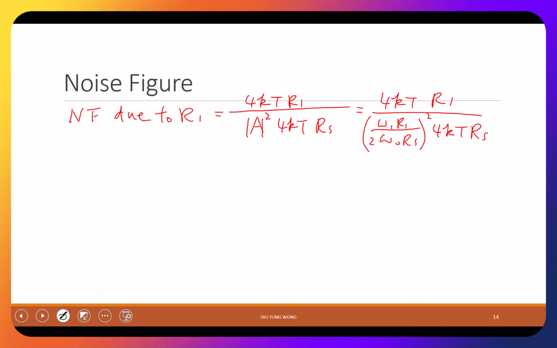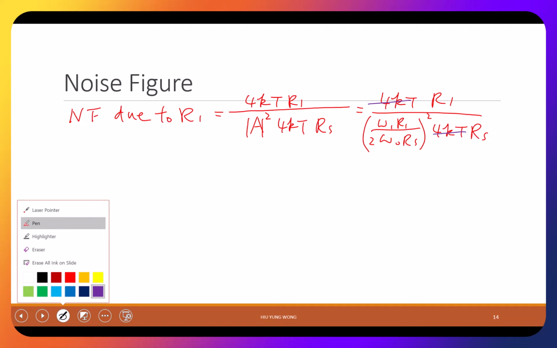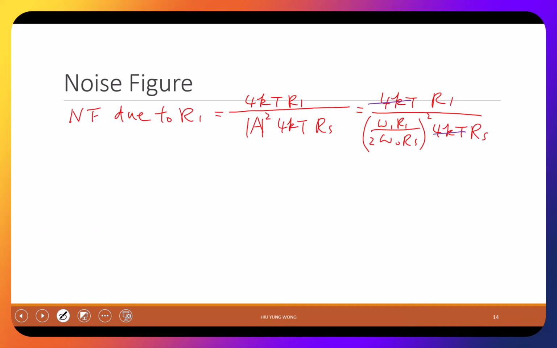So this is the noise figure contributed by R1. So let's remove that. R1 and Rs will get removed by this square also, right? We have R1 divided by Rs. So this is equal to Rs divided by R1, the whole thing, and then maybe 2 omega 0 divided by omega 1 square. 4, sorry, should be 4.